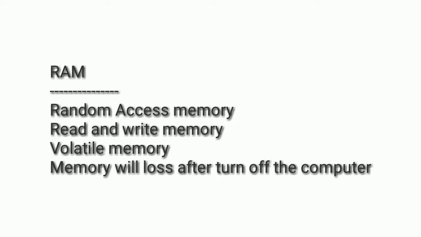Then another property: when we turn off the computer, instructions from RAM will be lost. I already explained that for the working of a computer, some memory is required. RAM works as the working memory of a computer, and some data will be there in the RAM during the working of a computer.